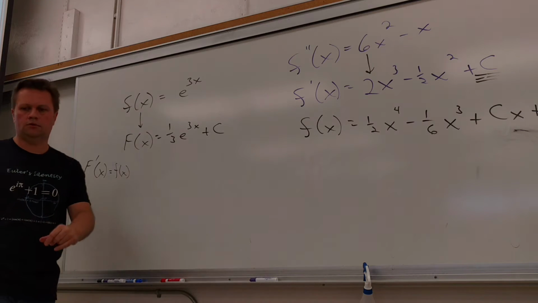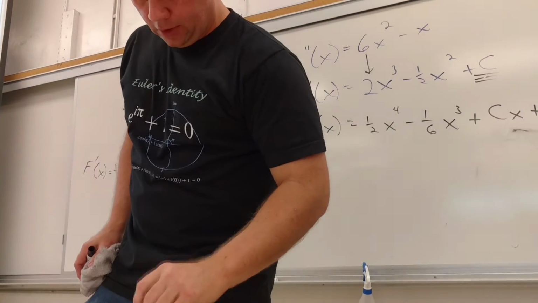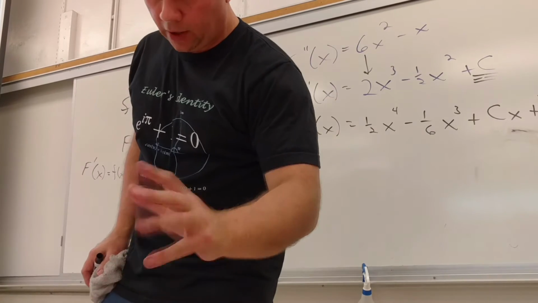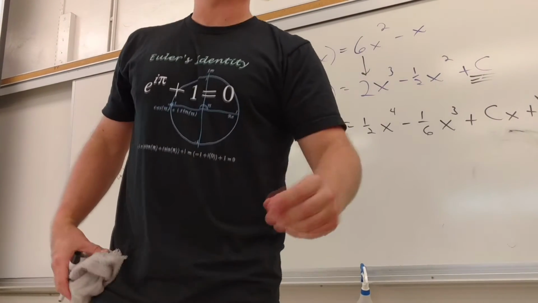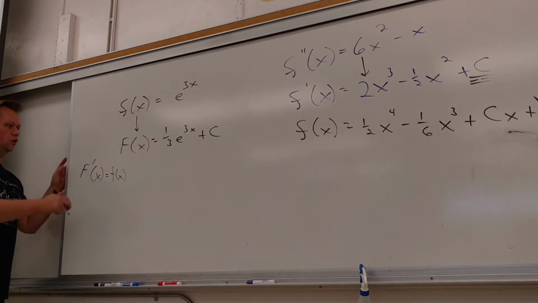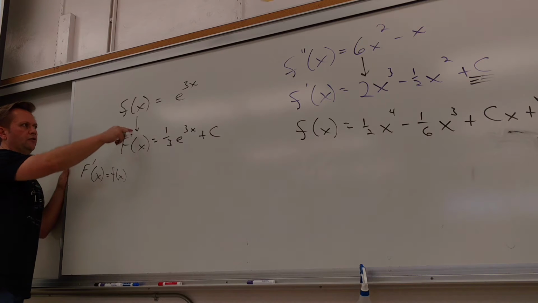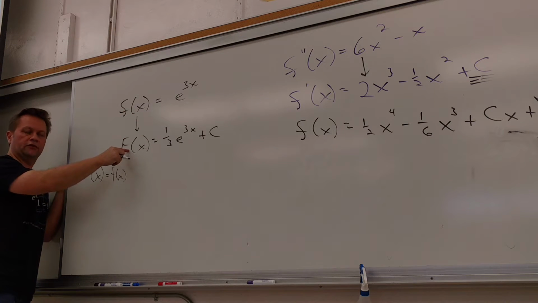Okay, cool. Your equation is backwards. It said big F of x equals f prime. Is that right? No. Big F is the antiderivative of f, so the derivative of big F is little f.